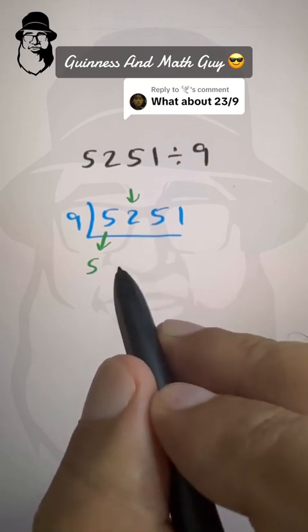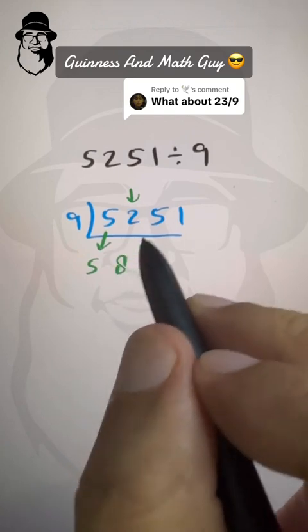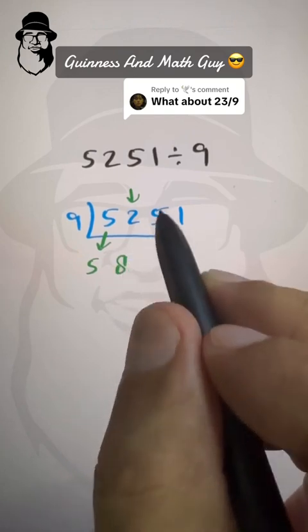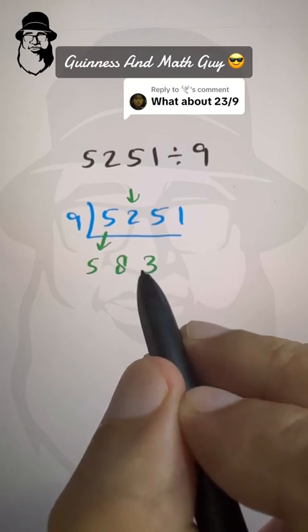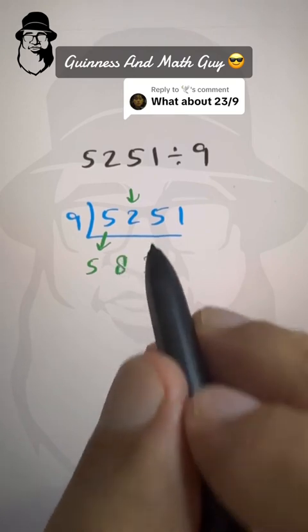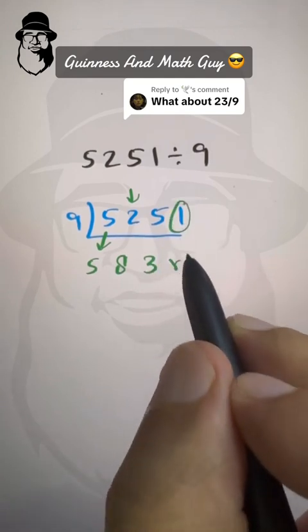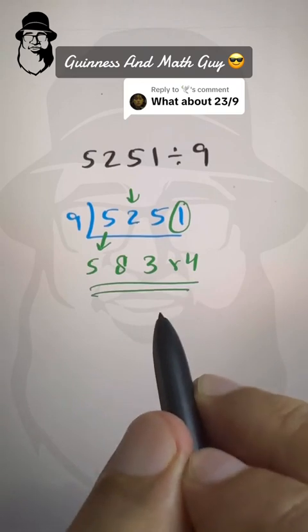So instead of writing 7, I will write 8. Right? Now, 8 plus 5 is 13, and I will write only 3 because 1 of 13 has been taken care of already. And then in the last step, this 3 plus this 1 will give me 4 as remainder, and that's our final answer.